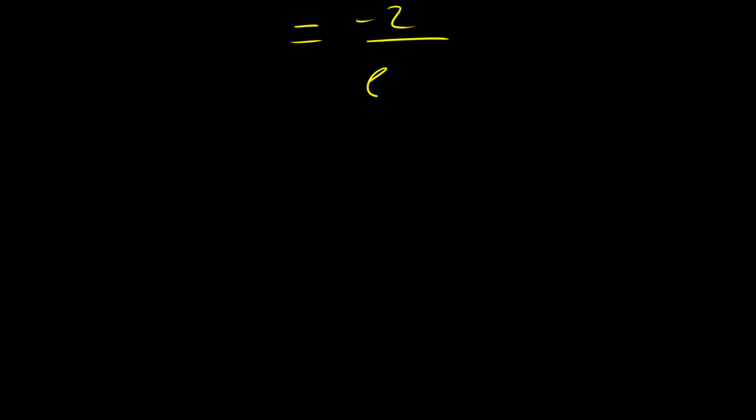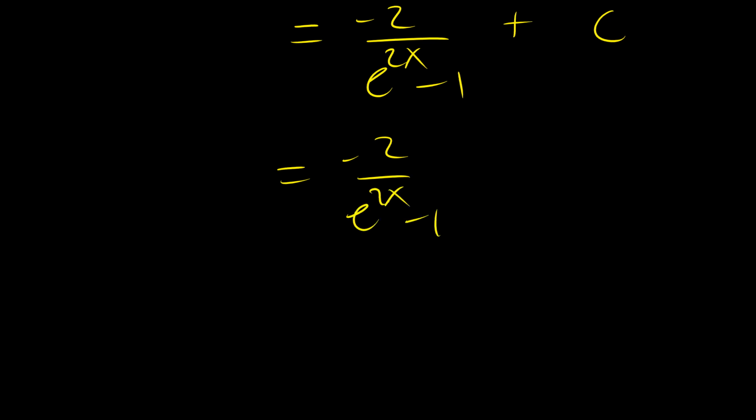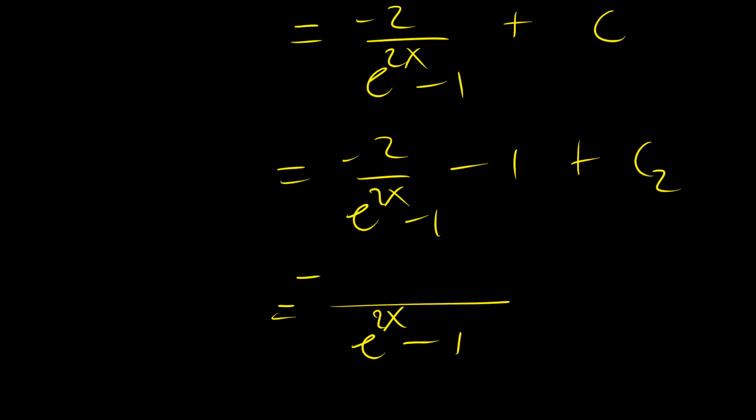Negative 2 over (e to the power 2x minus 1) plus c is also equal to negative 2 over (e to the power 2x minus 1) plus c2, which is the same as (e to the power 2x minus 1 and negative 2) minus e to the power 2x plus 1 plus c2.